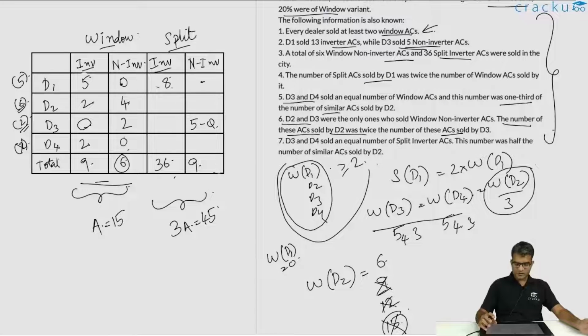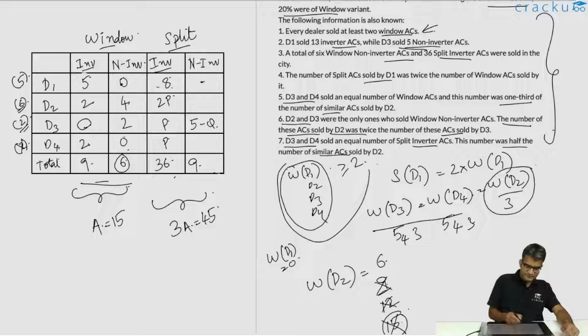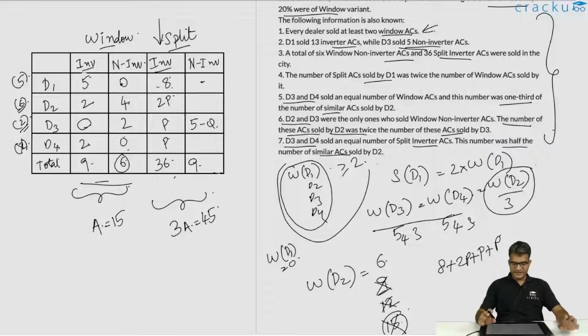Let us try to do the same for even split ACs. D3 and D4 sold an equal number of split inverter ACs. So this is P, this is P. This number was half the number of similar ACs sold by D2. So this is 2P. What we know is that 8 plus 2P plus P is basically the sum of this column, which is the total number of split inverter ACs sold by the 4 dealers.